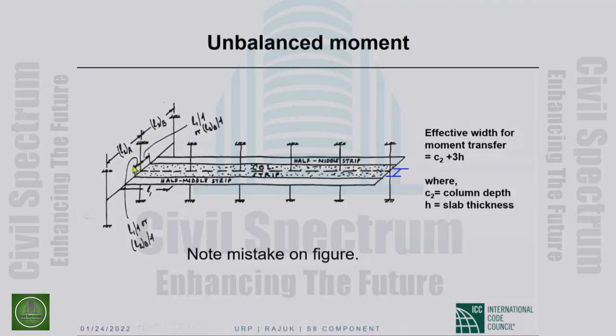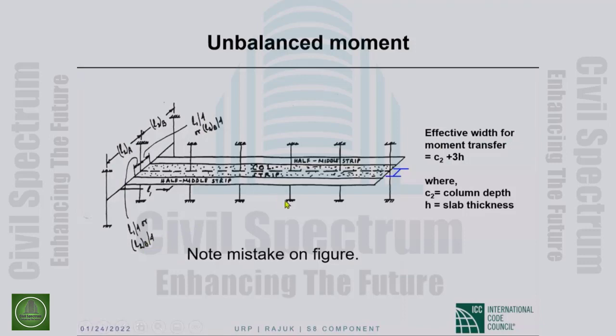The width of this half column strip is L sub 1 by 4 or L sub 2A over 4, whichever is the smaller of the two. This B is a mistake. It should be A. And I couldn't correct it on the slide. Okay, so this is why I said note mistake on figure. This should be L sub 2A over 4.